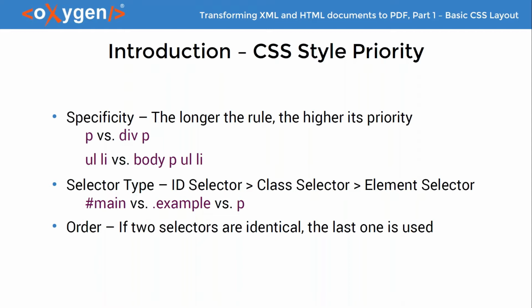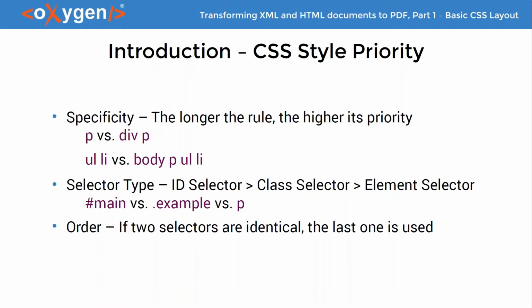The same example for the list: an ordered list containing a list item. The rules contained in this selector will be overridden if another property is contained in another selector, for example, body paragraph, or an ordered list and list item.